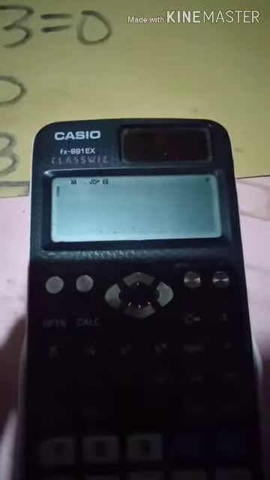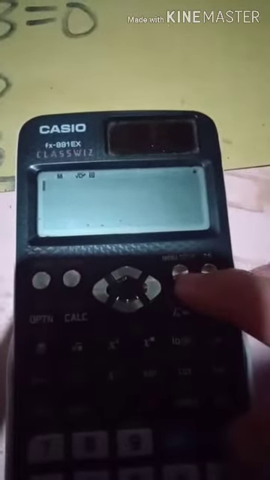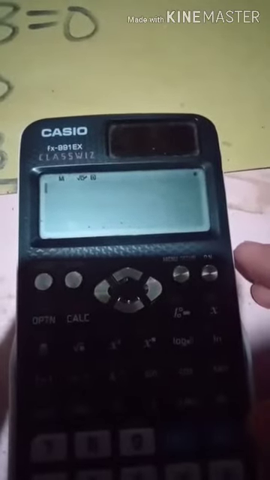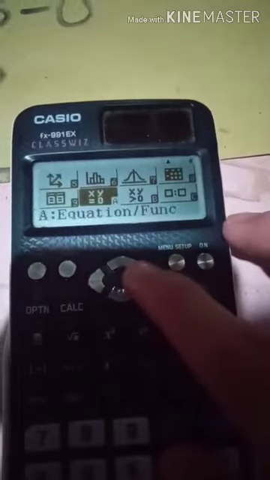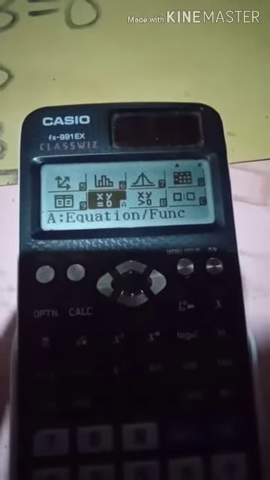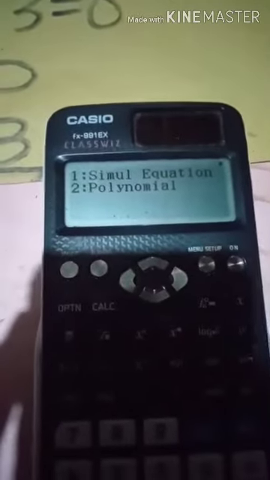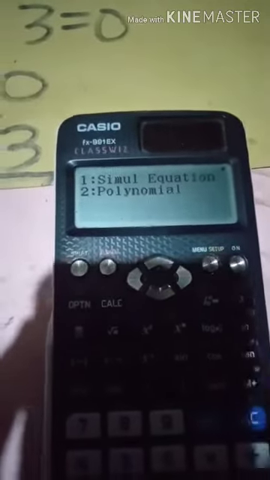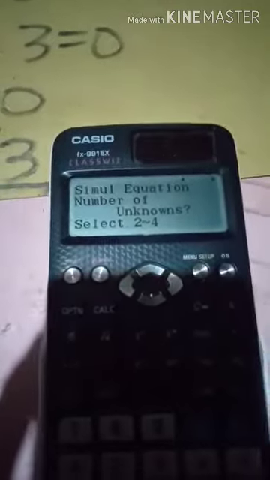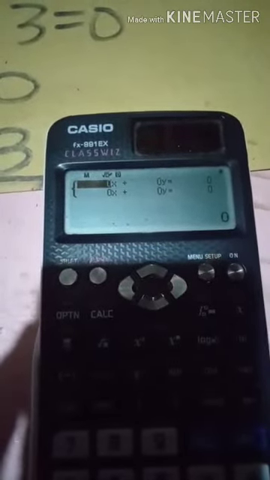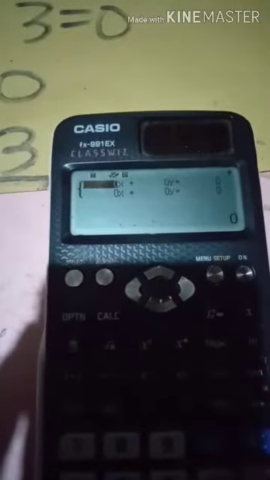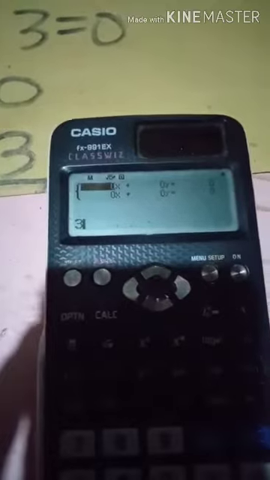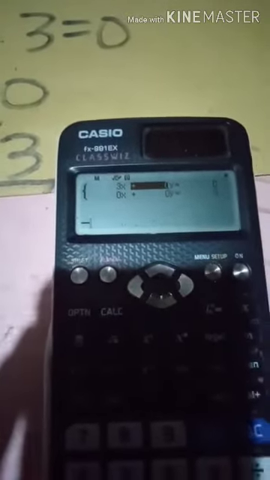Now let's use the calculator, the fx-991EX. Go to the menu that shows equation and function, then choose simultaneous equation, finding the unknowns. Since we are finding x and y, choose 2. For the first equation, the x coefficient is 3, the y coefficient is negative 1 since it is 3x minus y.